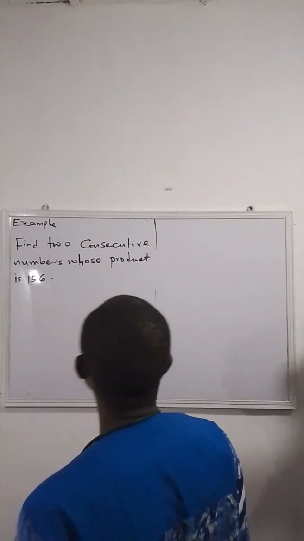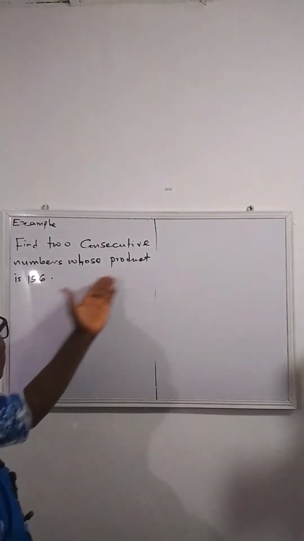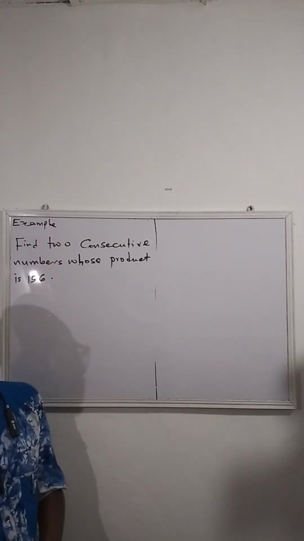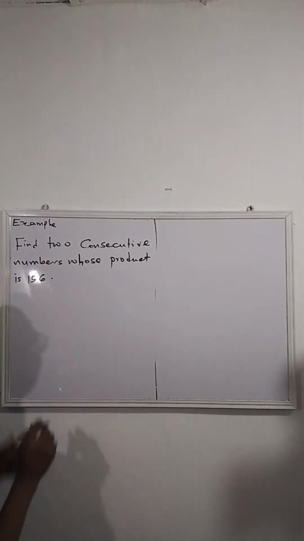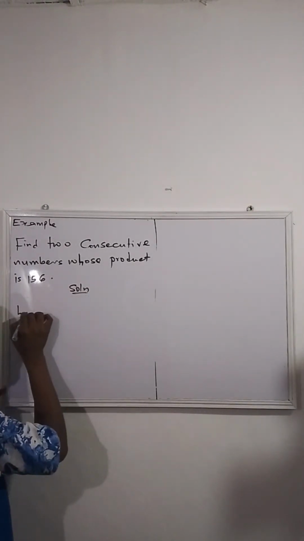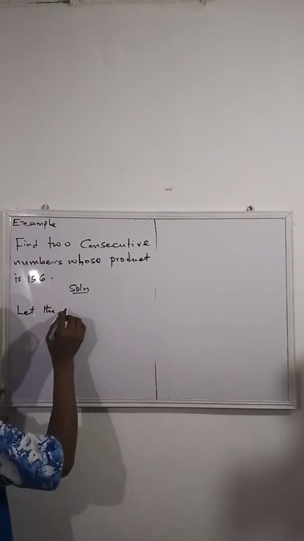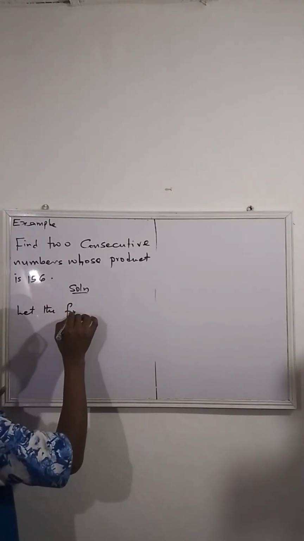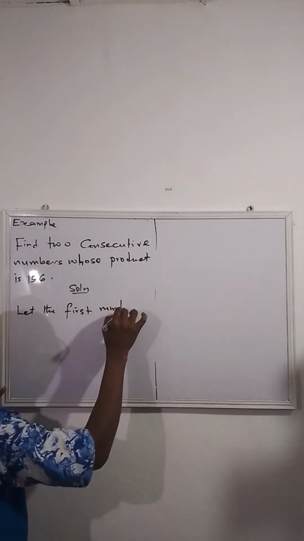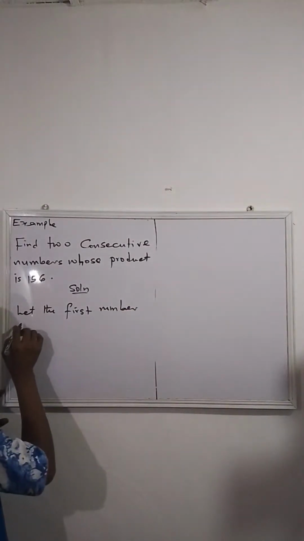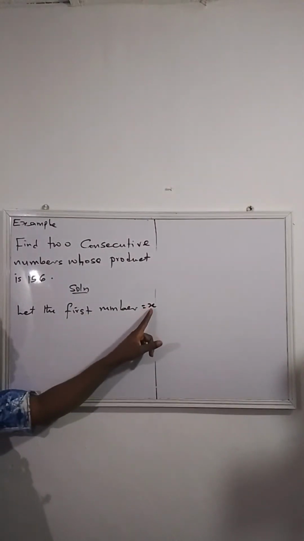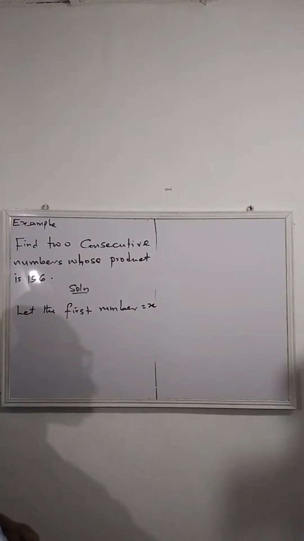We have to find two consecutive numbers whose product is 156. Now we start by saying let the first number be equal to x. If the first number is x, what's going to be the next number?